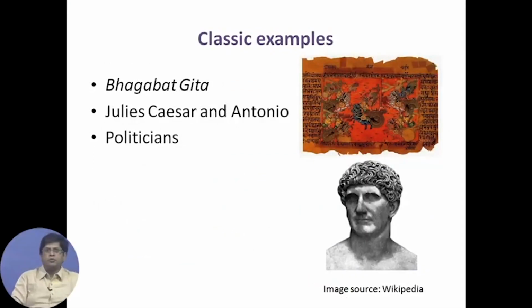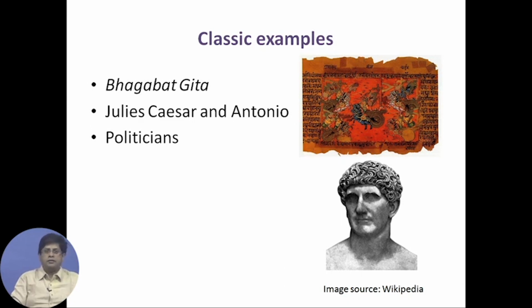But persuasion is probably as old as time, because if you are looking at various old traditions, you have examples of persuasion as well. The Bhagavad Gita is one burning example in our tradition. What is it that we are talking about?